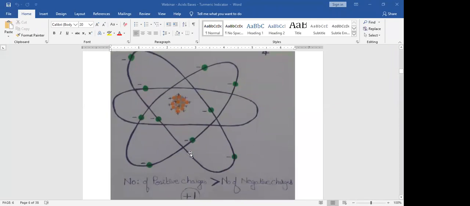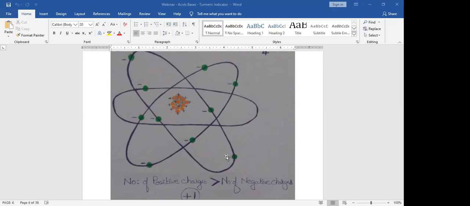Now you see, the number of protons, or positive charges, is greater than the number of negative charges, or electrons. And by how many? By 1. We have 11 protons and just 10 electrons. So the number of positive charges is greater by 1.